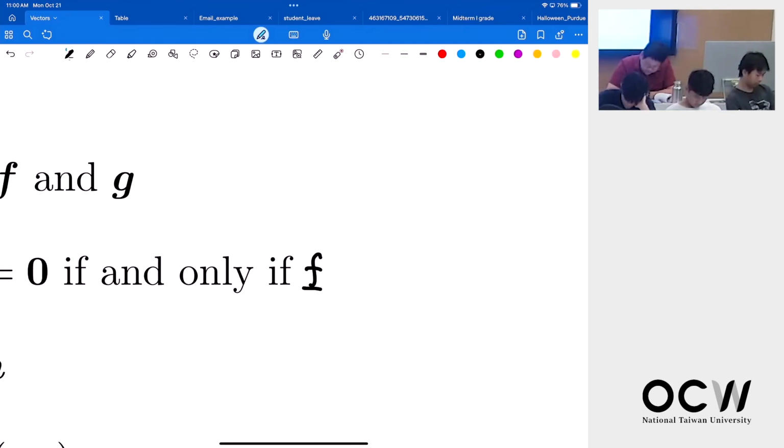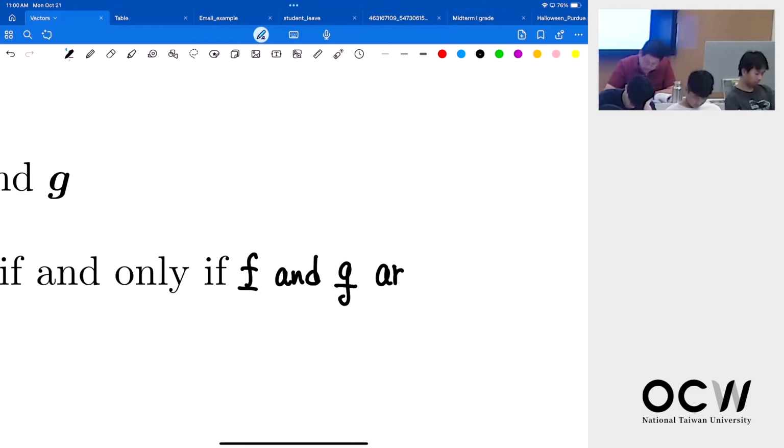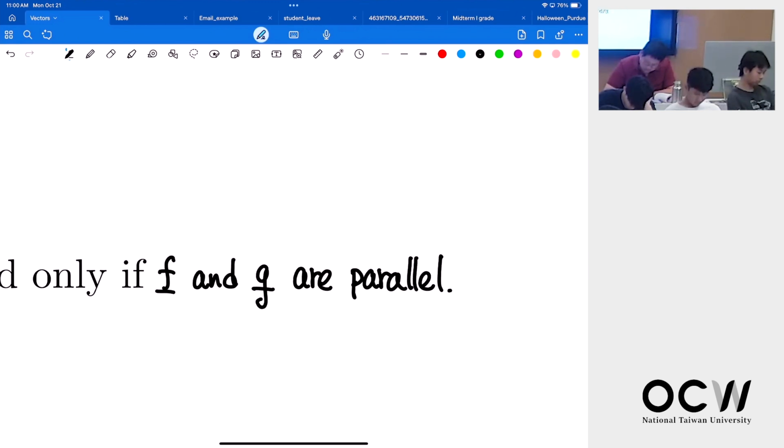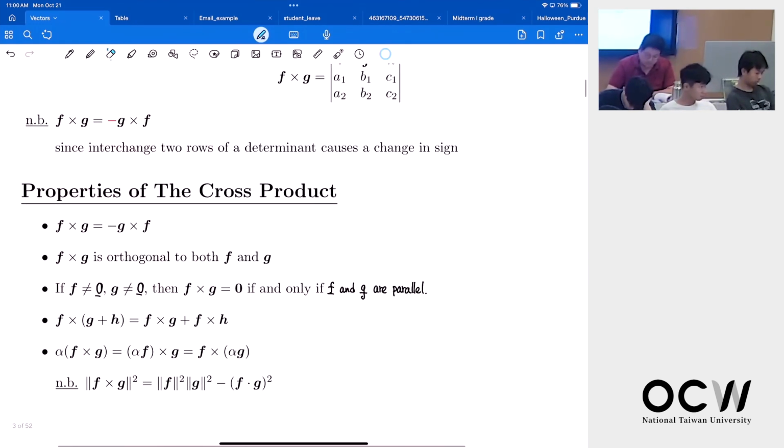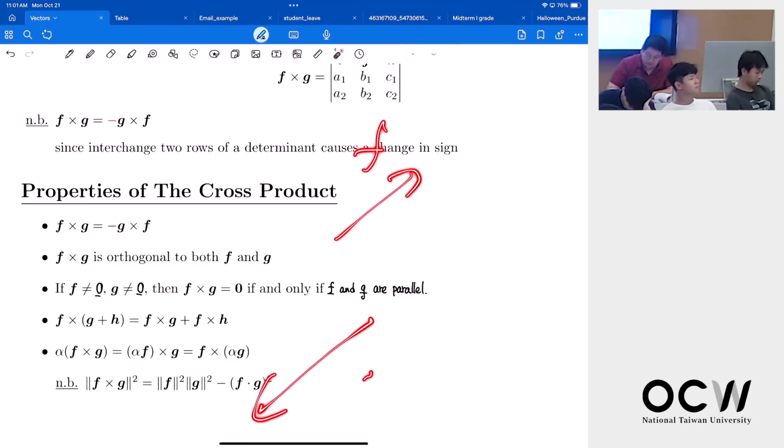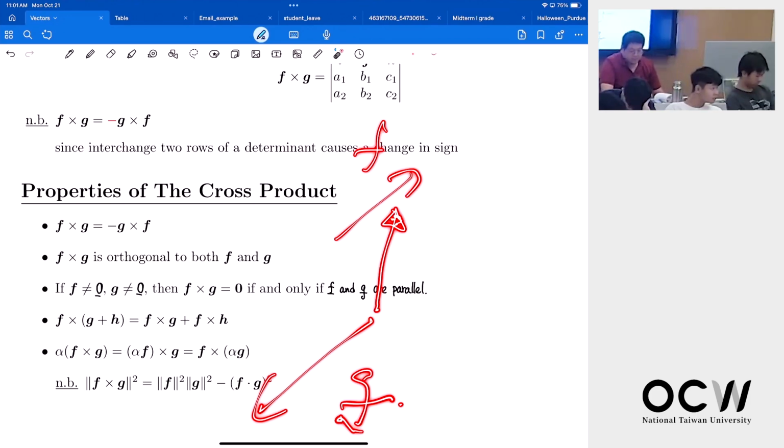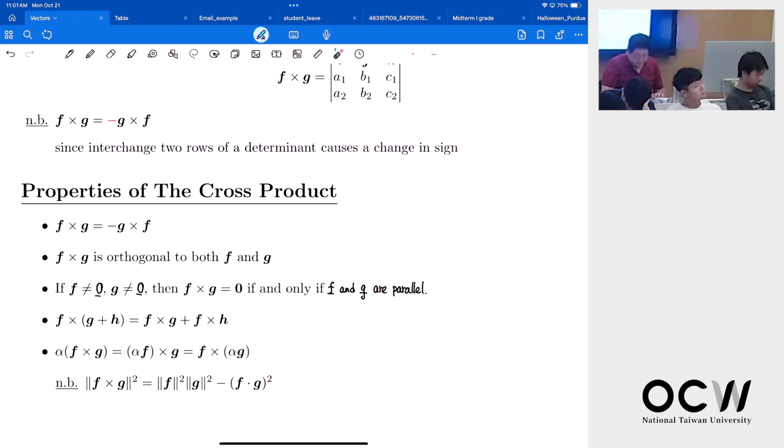So if f is here and g is here, they cannot create one vector that is perpendicular to f or to g, because when they do the cross product, it is a zero vector.